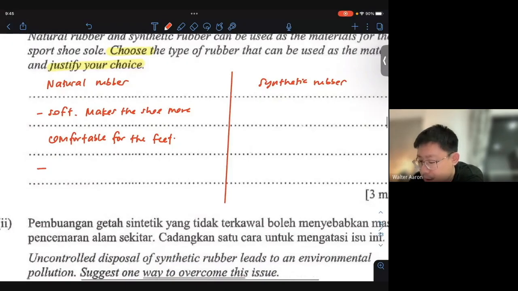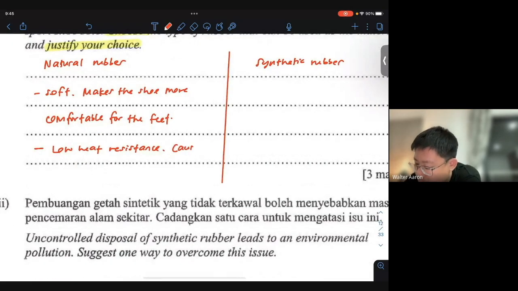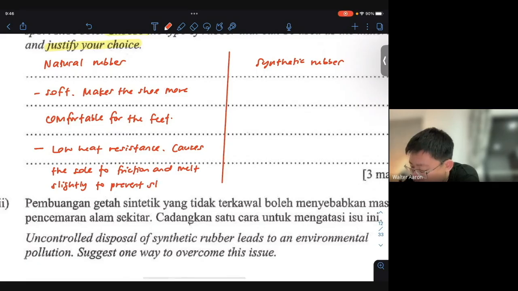And then the other one will be low heat resistance, causes the sole to friction and melt slightly to prevent slips.